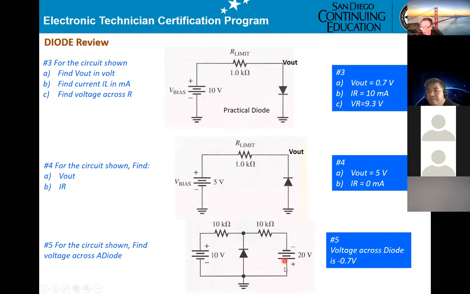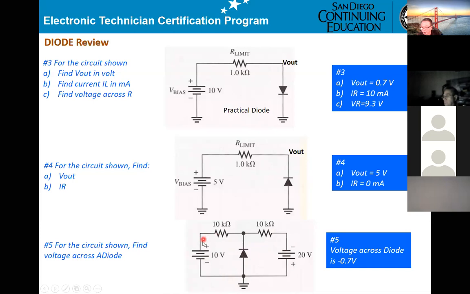Now, if you short that guy, tell me, is the diode on or off? Off. The 10 volts down here, diode off. When you short that guy, you get negative, the diode will be on.